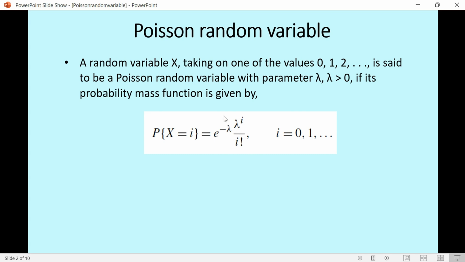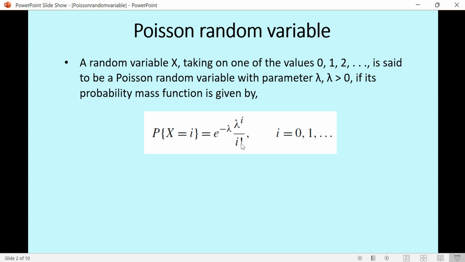If a random variable has this expression for the probability at particular integer values, then it can be said to be a Poisson random variable. Here e is the Euler number, 2.718, and lambda is a constant, and the exclamation mark means factorial.